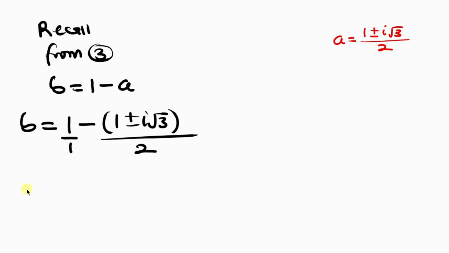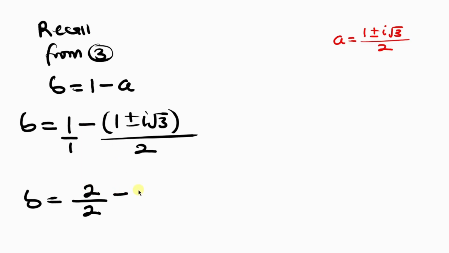So b now becomes, now when I multiply the denominator, 1 times 2, that gives 2. And whatever I use to multiply the denominator here, I must also use to multiply the numerator. So 2 times 1 is also 2. Good, to balance things up.